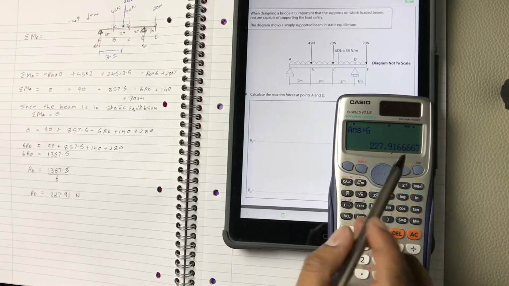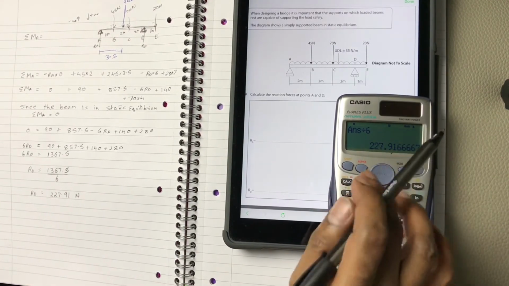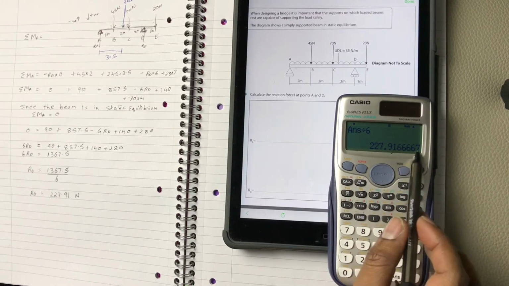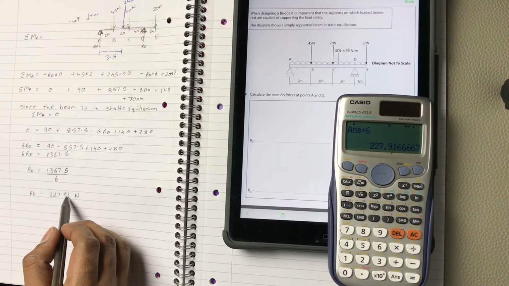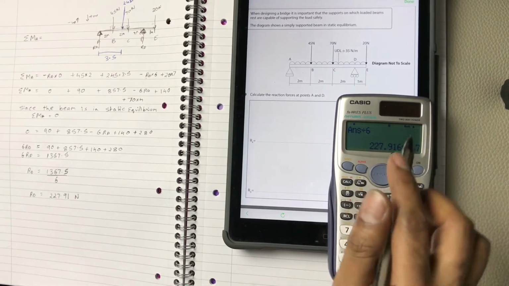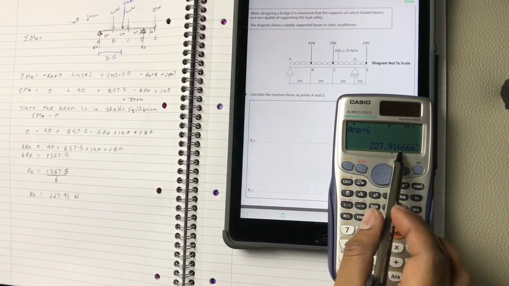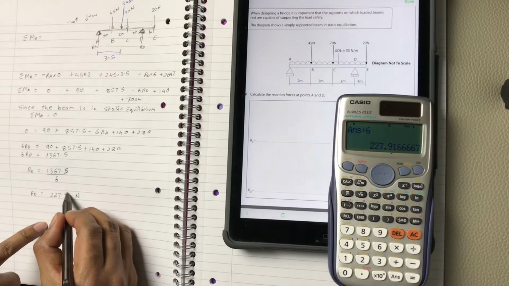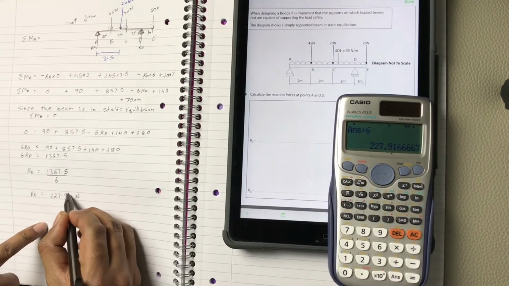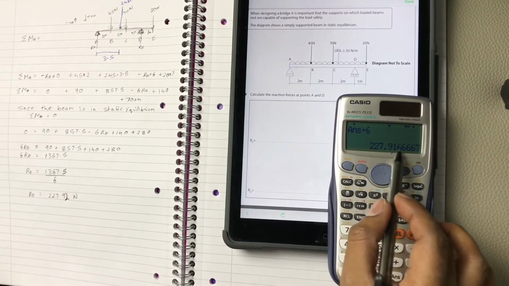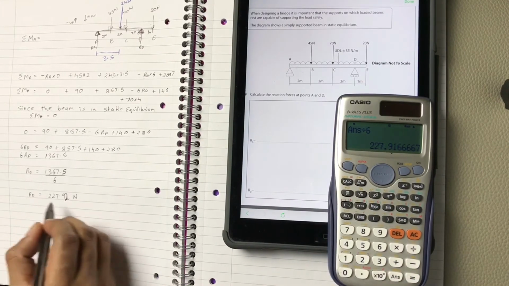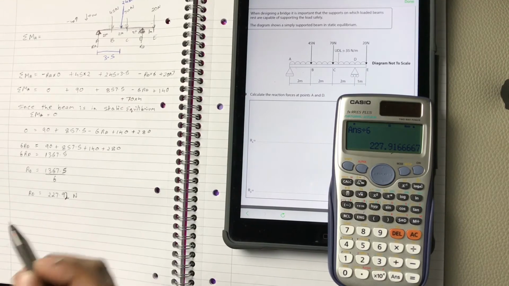Now you always remember, you only need to write it with respect to 2 decimal places. You do not need to write the entire number. It is 227.916. Hence when you round it up, the second decimal digit goes to 92, because this third digit is more than 5. So my RD is 227.92.